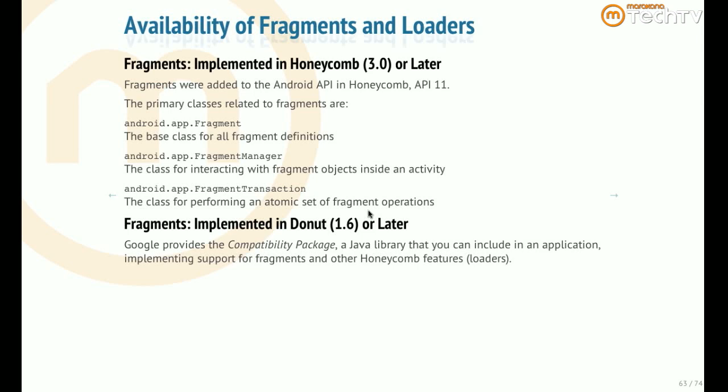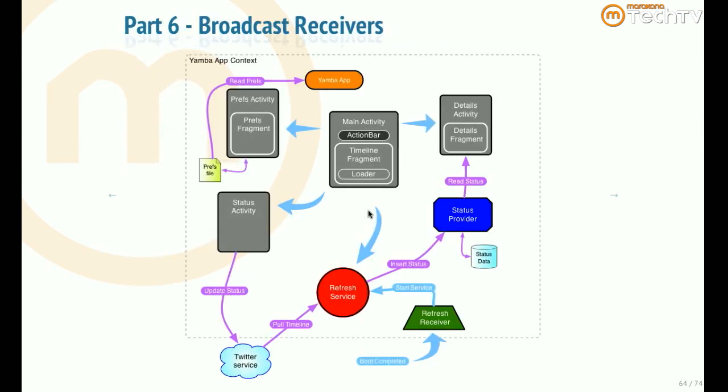There's actually support for them that goes back to Cupcake, which is a very old version of Android. You can do it via something called a support library. You just need to throw a jar into your application. So you can take advantage of the latest, greatest, even though your app may be designed to run even on older devices. That's a very good thing that they provide, the backwards compatibility, way backwards compatibility.